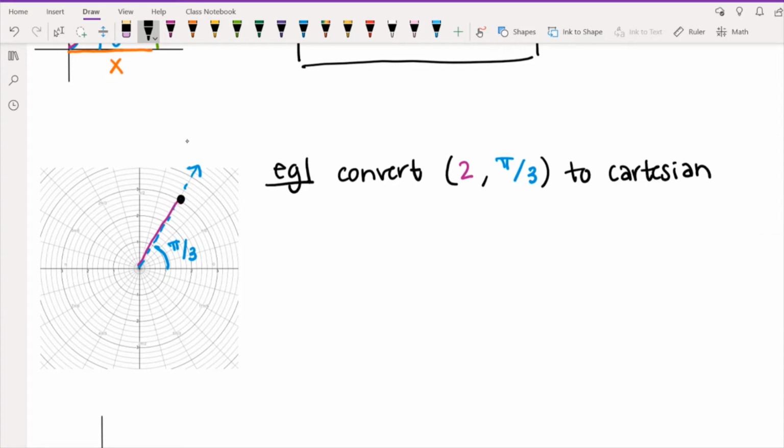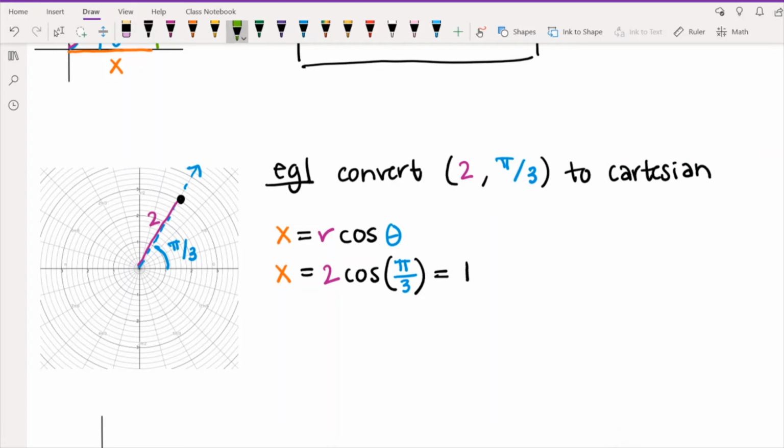Okay, so how would you do this? Well, we saw above that you can find the x coordinate by doing r times cosine of theta. And so in this case, x would be equal to, so r was equal to 2, right? That was this distance. So we'd have 2 times cosine of pi over 3. And what is cosine of pi over 3? It would be 1/2, right? And so 2 times cosine of pi over 3 is going to give us 1.